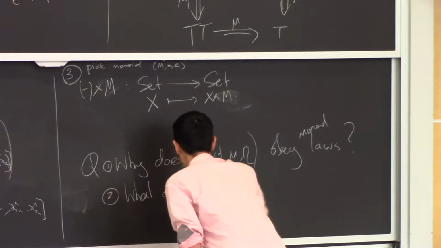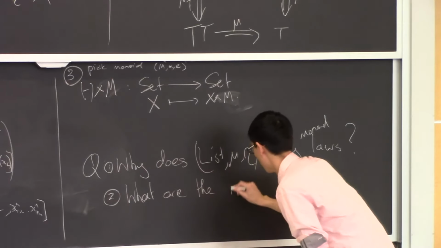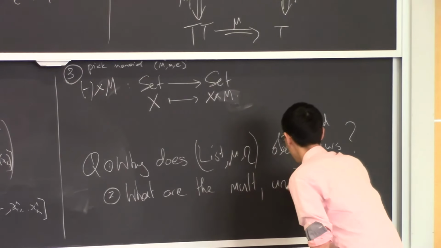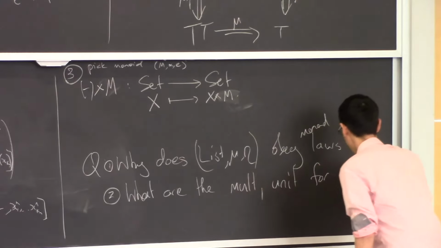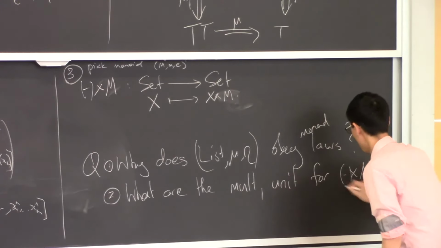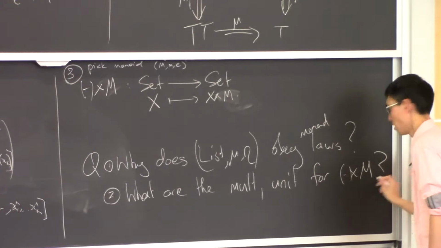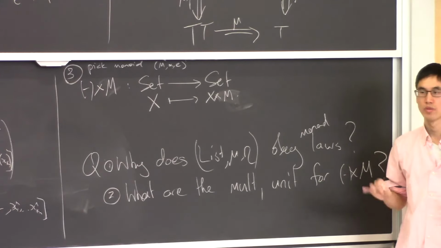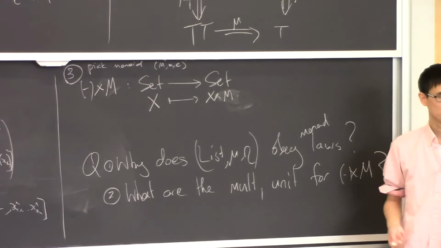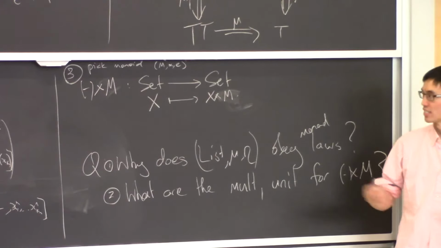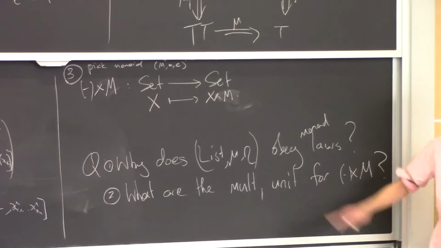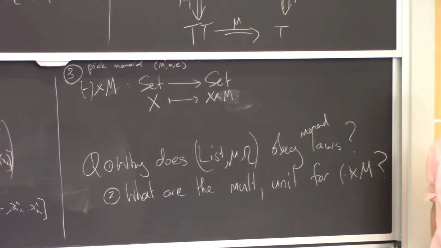So what do you think are the multiplication and unit for this functor times m? OK, so why don't we take a break? People can talk to each other for the next 3 minutes and just try and hash out any questions and answers to these two questions.